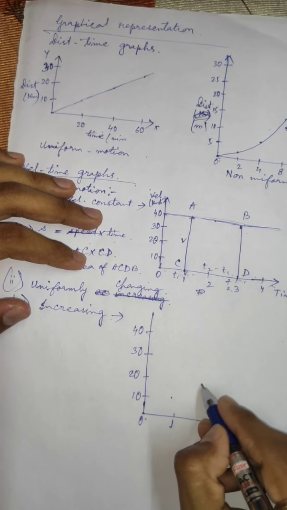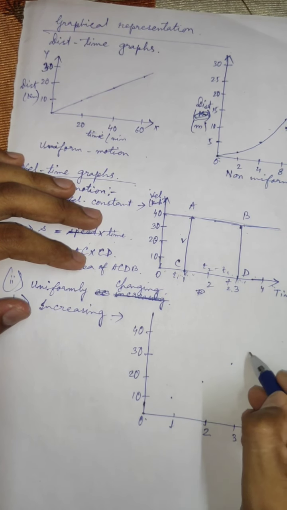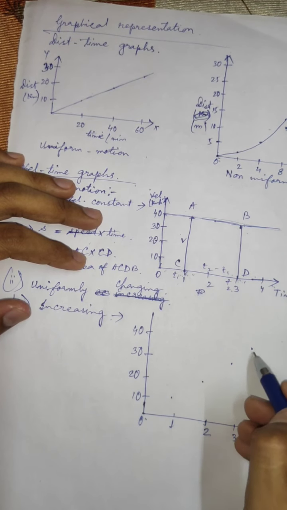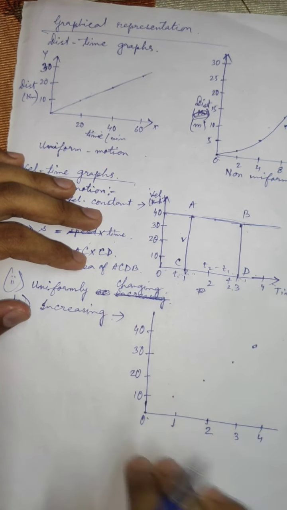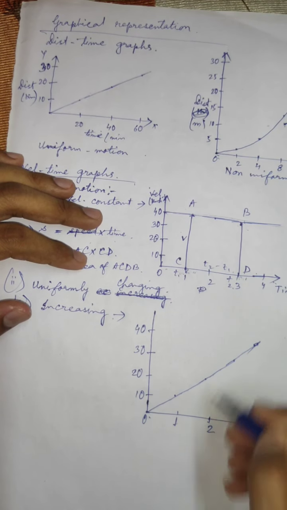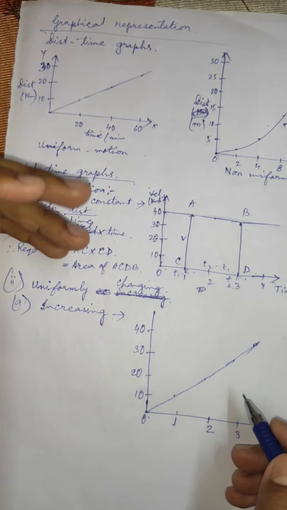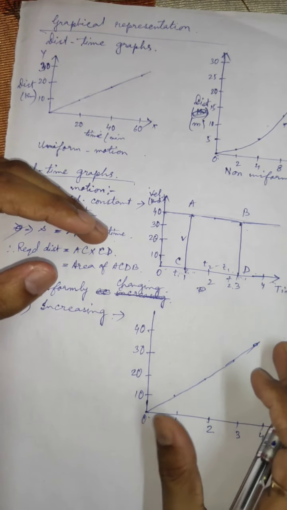In the next hour velocity was 20, in the next hour 30, and next hour 40. So it is uniformly increasing with respect to time. When you join, it will be a straight line. So when it is uniformly accelerated, this will be a straight line.